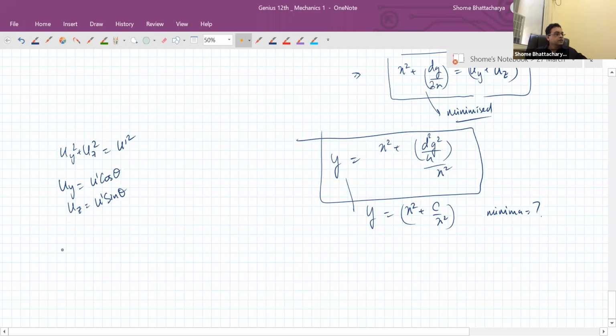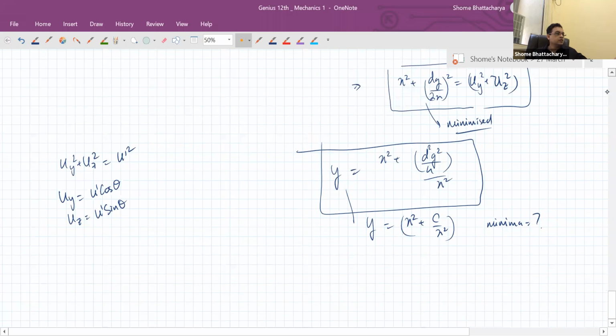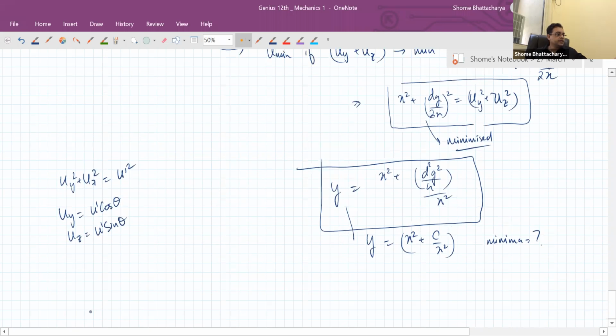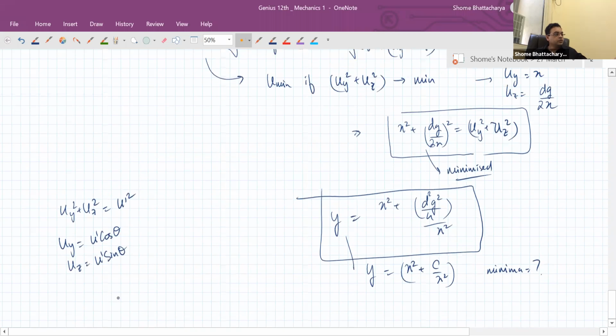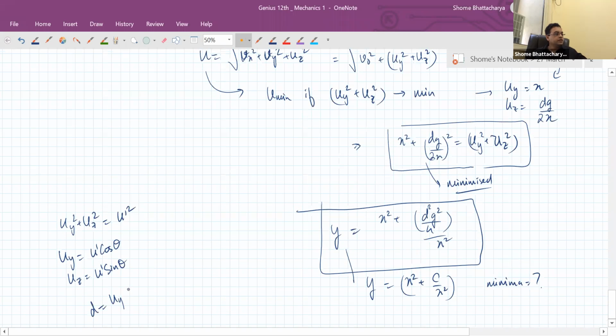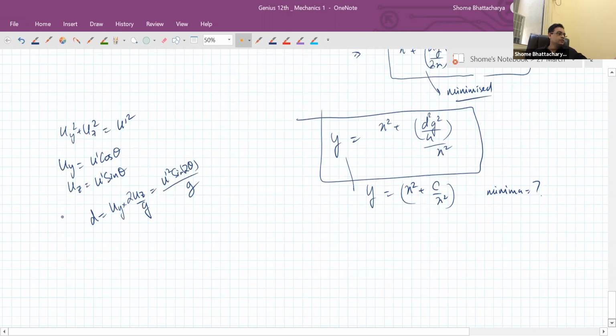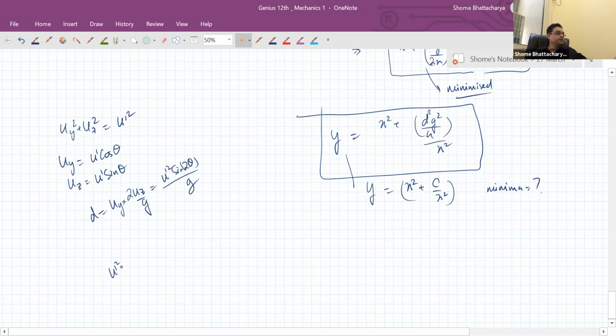Okay. So now we can see that from this relation that we got earlier, d is equal to uy into 2uz by g. We can see it is equal to u prime square sine 2 theta by g. Okay. So you can see that u prime square is equal to dg upon sine 2 theta.